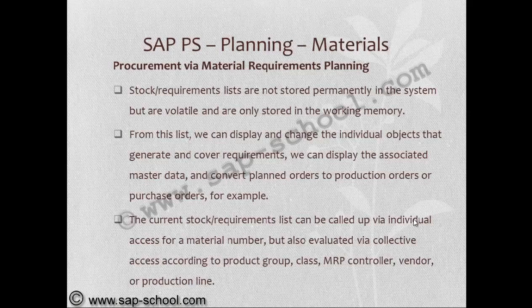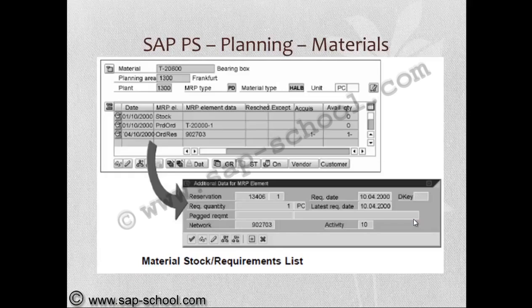The current stock list can be called up via individual access for a material number, but also evaluated by collective access according to product group, class, material controller, material requirement planning controller, vendor, or production line.